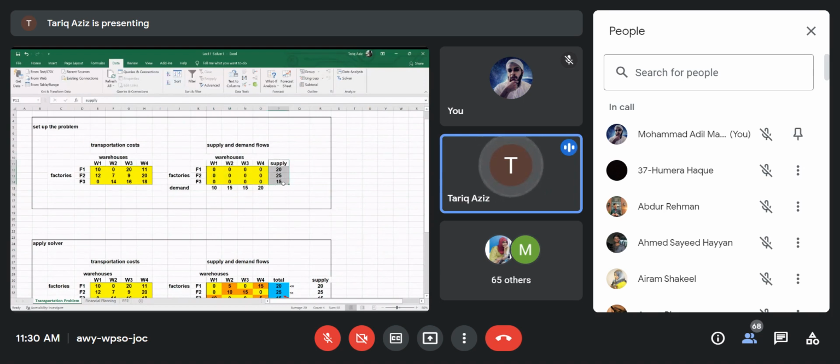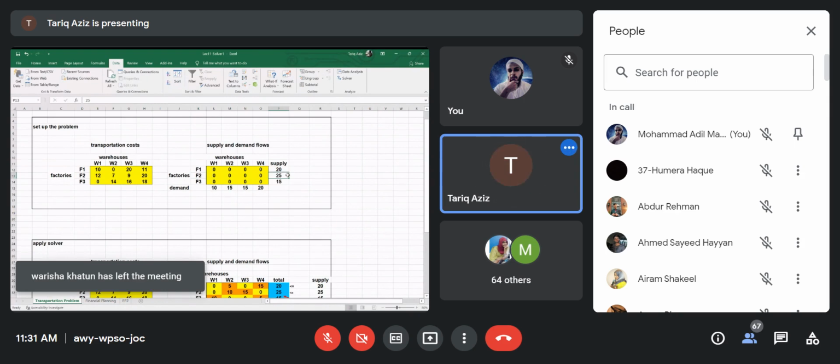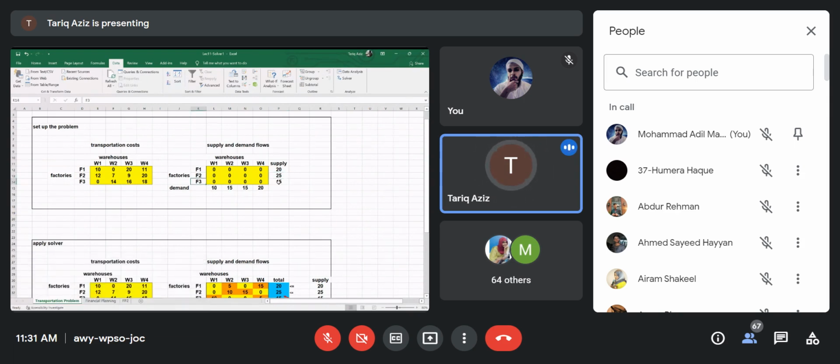And on this side we have the supply constraints: the maximum supply of factory 1 is 20, the maximum supply of factory 2 is 25, and the maximum supply that factory 3 can send is 15.